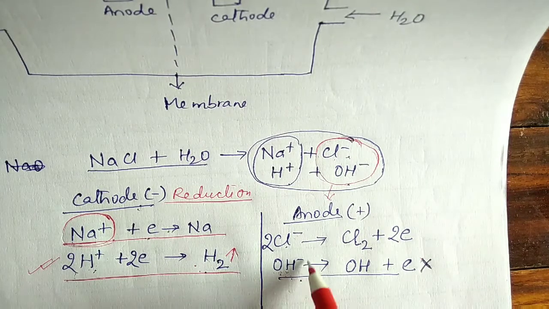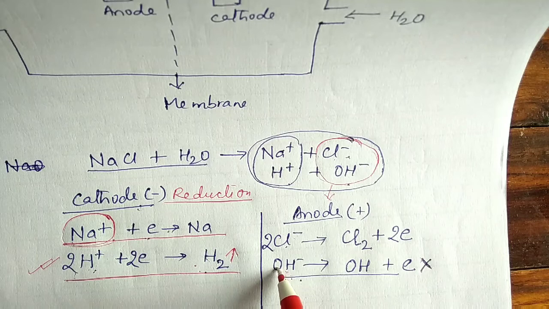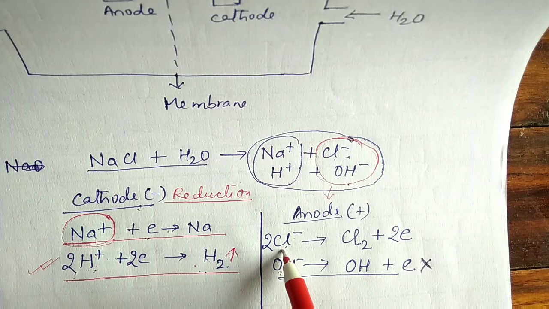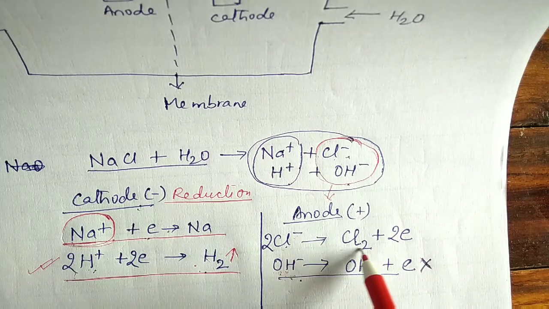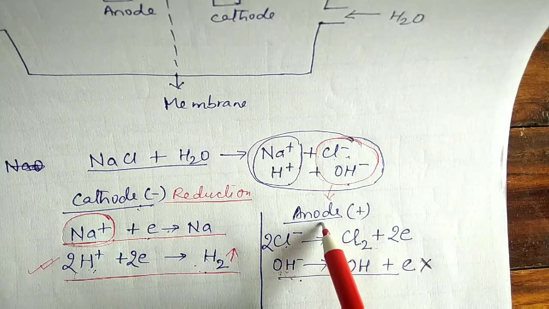You will study about this in your higher classes. For now, you have to understand that oxygen, being more electronegative, cannot lose an electron easily. Instead, chlorine will lose an electron, and formation of chlorine gas will take place at the anode.